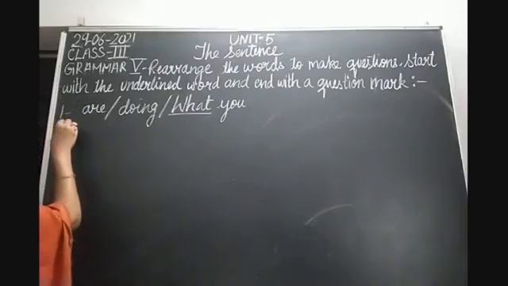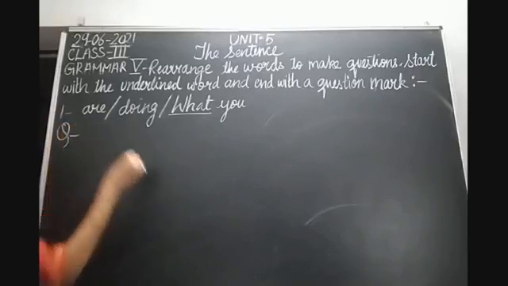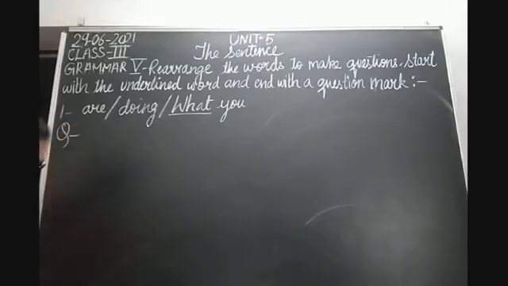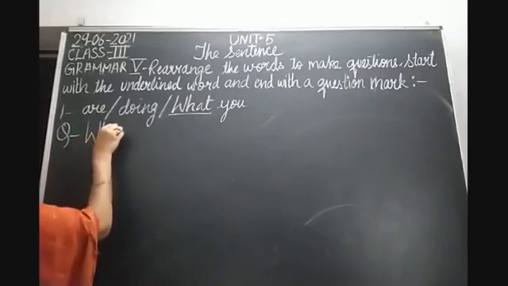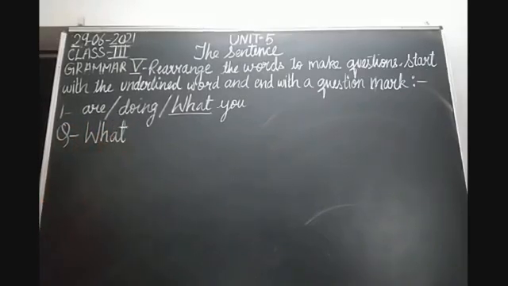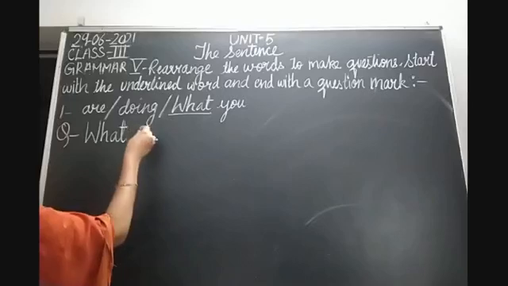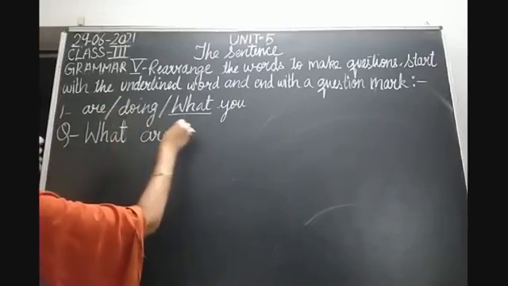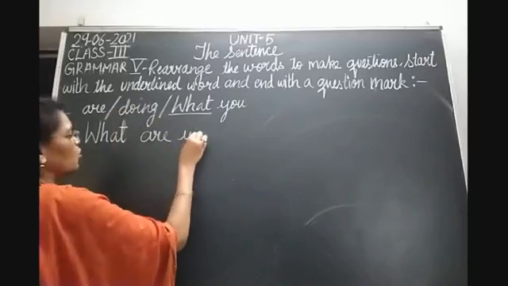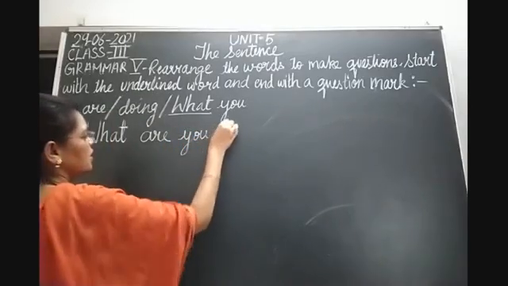Fine. So let's frame the question with the underlined word. And we should always remember that we must begin our question with a capital letter. So the underlined word what, W, will be capital. Then the helping verb, what are you doing?